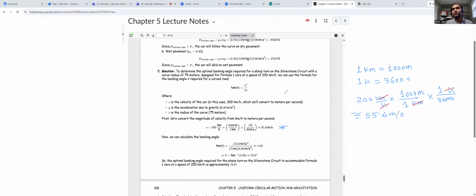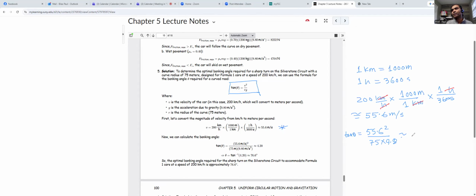Now, this is the equation we derived in last class also, and today here, right? So you have to calculate theta, tan theta. If you plug all these values, V square is 55.6 square, and then R is 75 and g is 9.8.